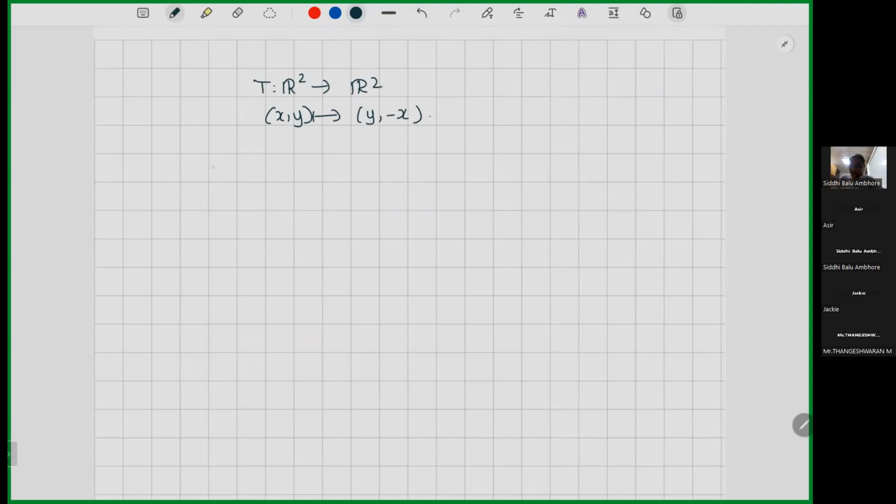We proved already that 0 and R2 will be invariant subspaces. This is true for any linear transformation.